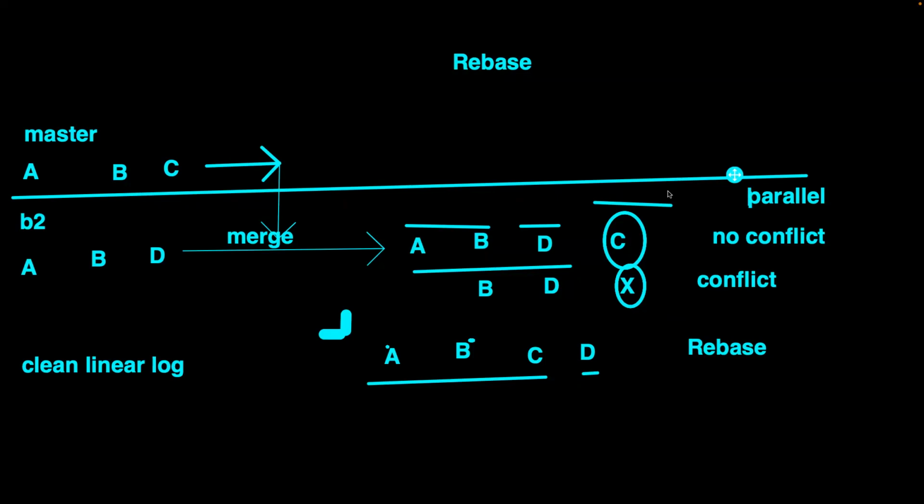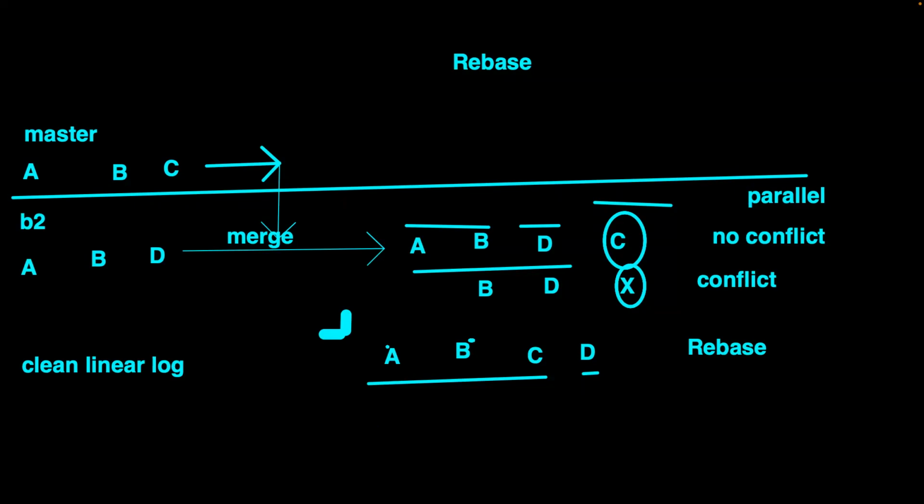So that's a merge, and rebase is about having a clean linear log history, which rewrites the log history. That's a rebase. First all the parent commits as per the timestamp. First A is the one which is done, then B, then C, then whatever, and then the child commits.